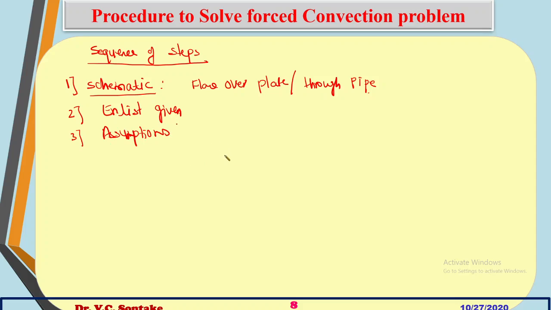There are so many assumptions, like in unit 1 and 2 we have seen. Similarly, there is a set of assumptions which will be applicable in this case as well. Then, identification of reference temperature.